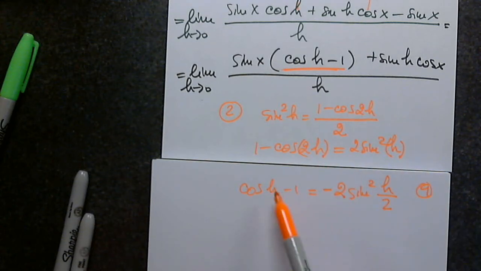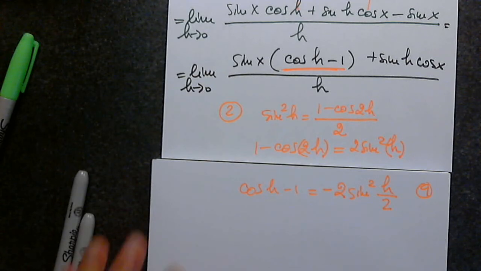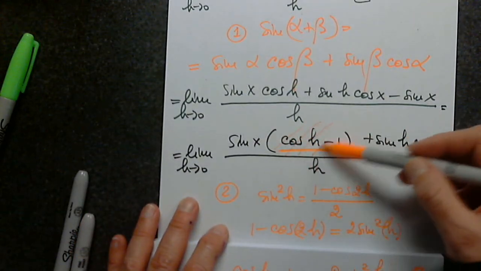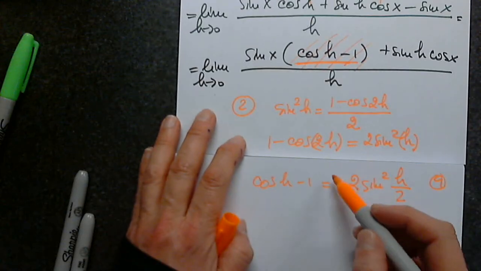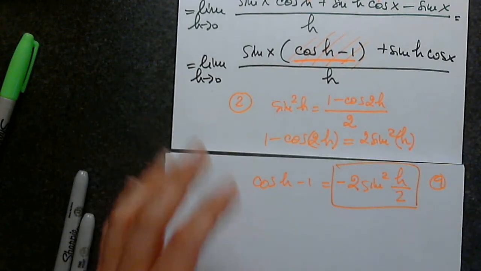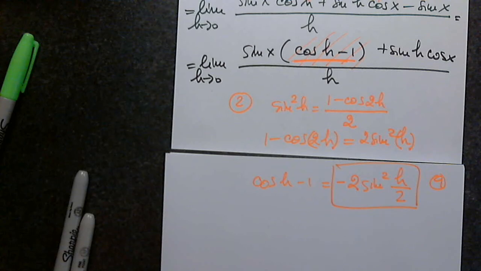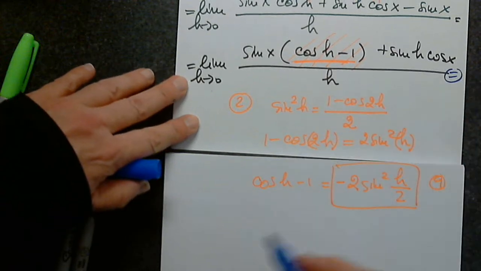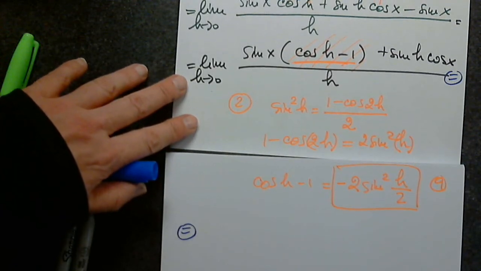Whatever this is, this must be double. So obviously I'm going to replace all this piece by this. We're not far, but it's not a one-step proof.